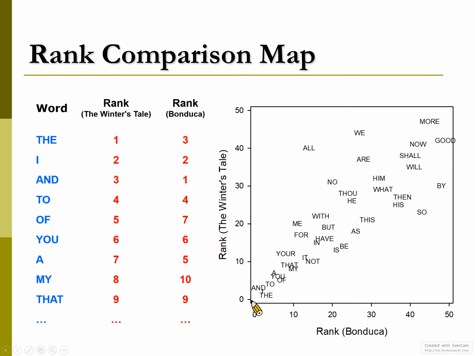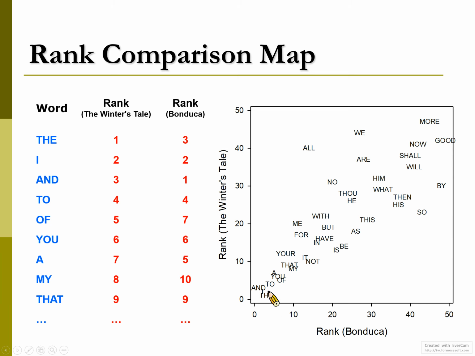And so the horizontal axis is the rank from one play, and the vertical axis is the rank from another play. So in this case, the word "the" has the first rank in The Winter's Tale and the third rank in Bonduca.